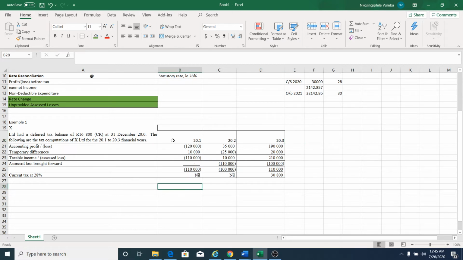If you look at this example, in 20.1 we made an assessed loss. 20.2, same thing, we made an assessed loss again.